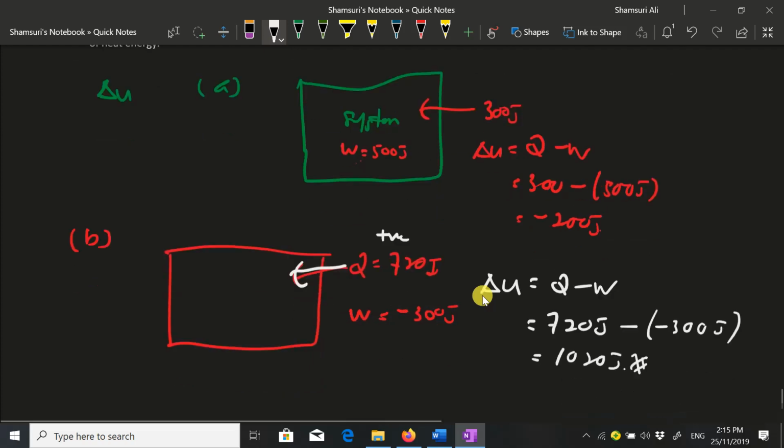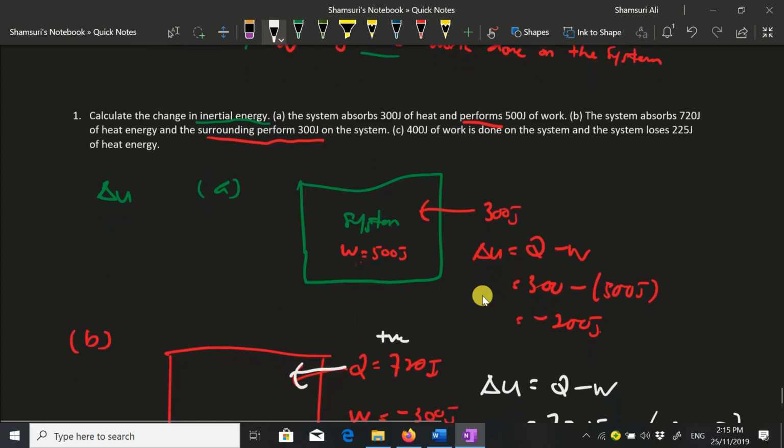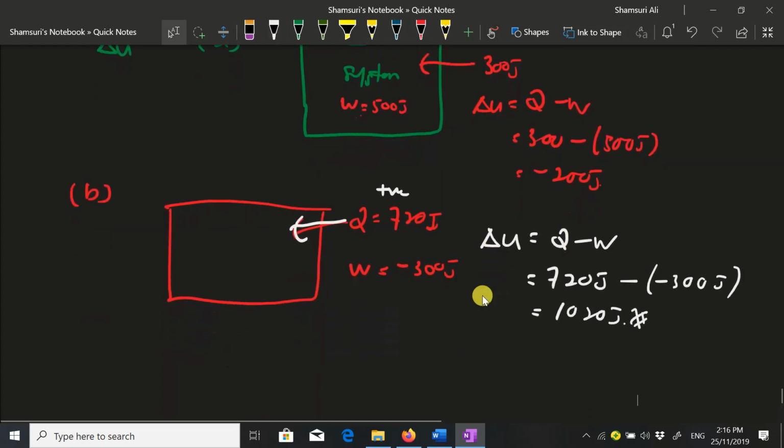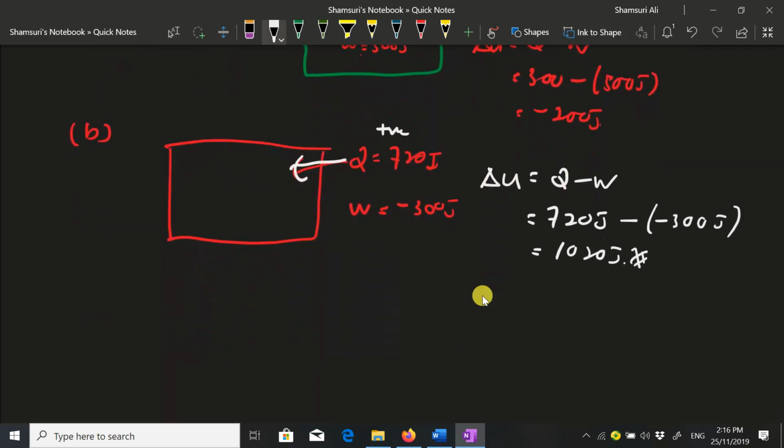Okay, the C question: 400 joule is done on the system and the system loses 225 joule of energy. So now the lost energy, I mean Q, actually goes out, so we can have another system. So part C, we have another system also.